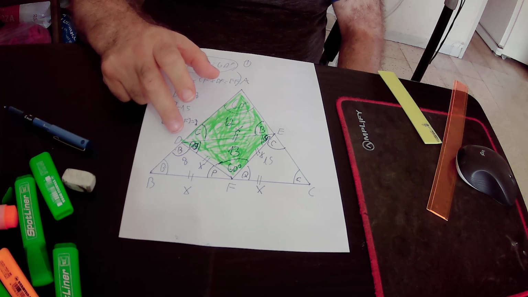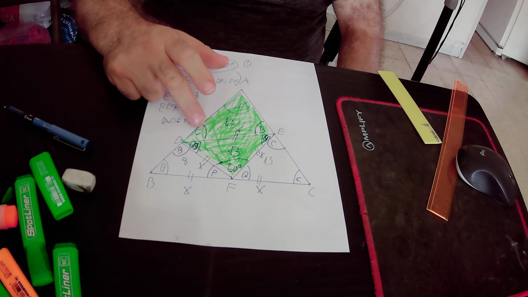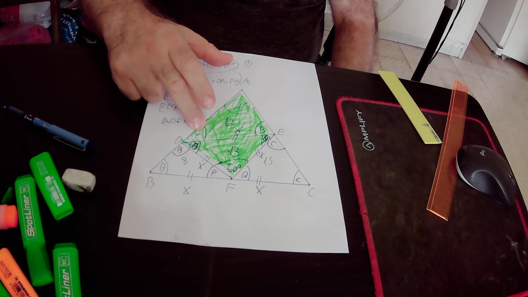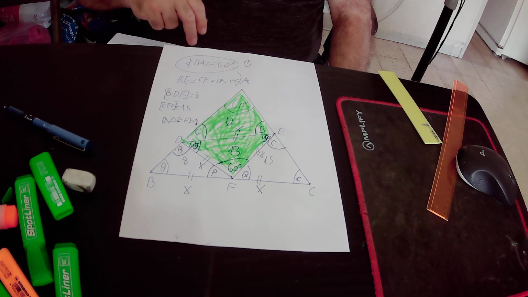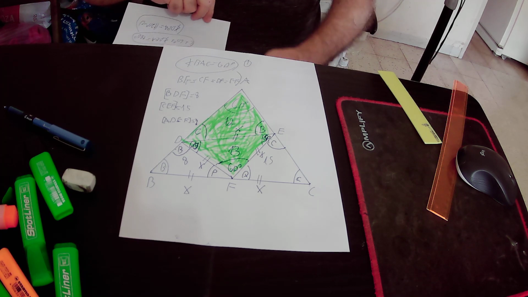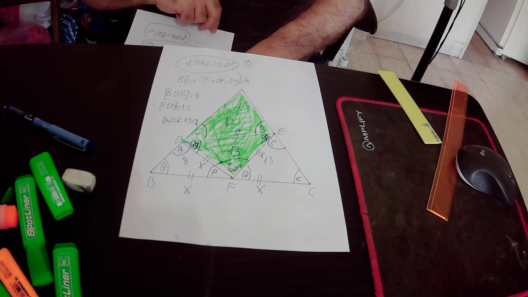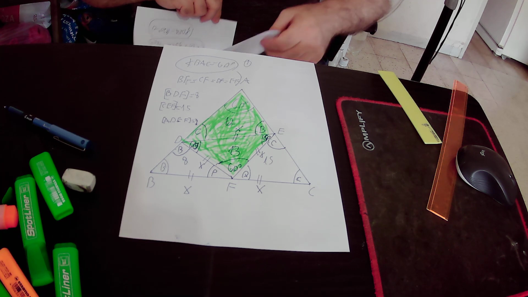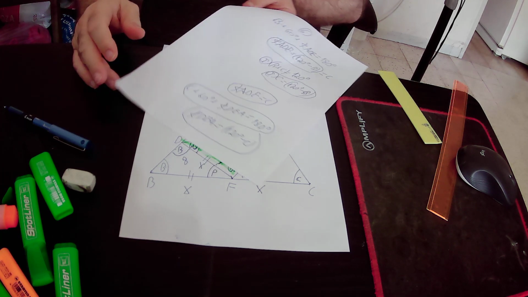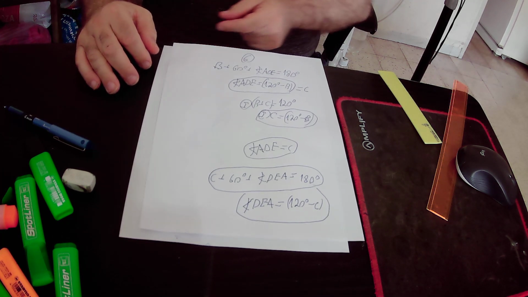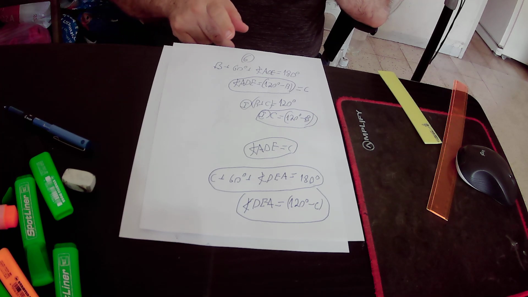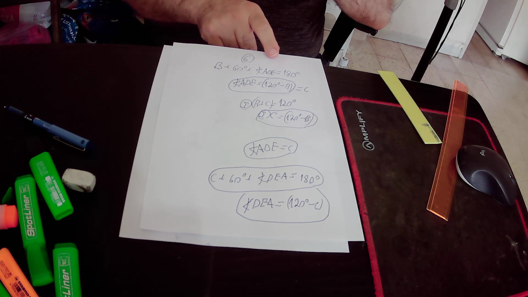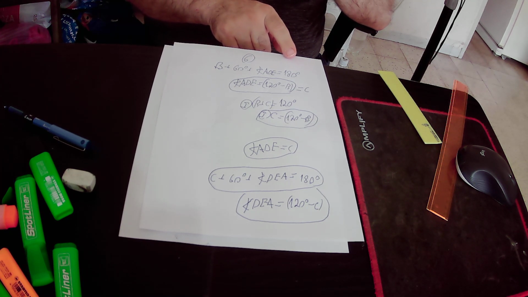Therefore angle B plus 60 degrees plus angle ADE must be equal to 180 degrees.